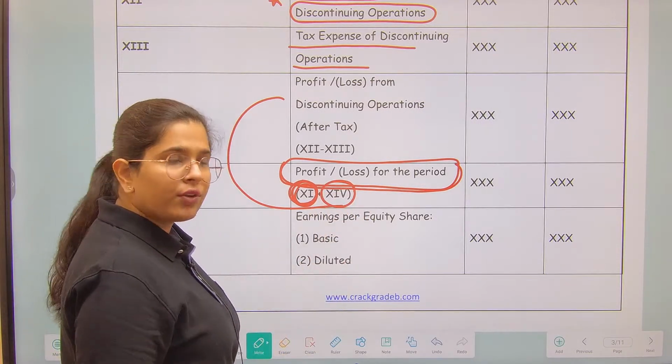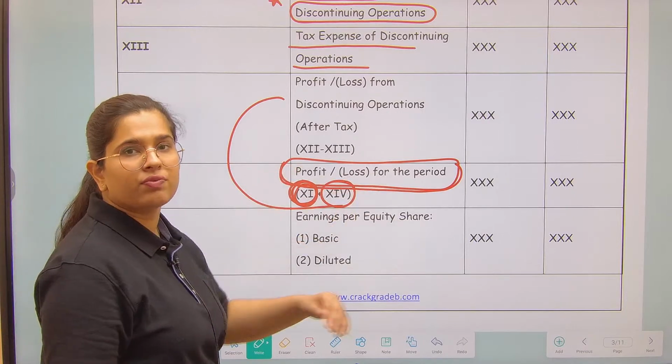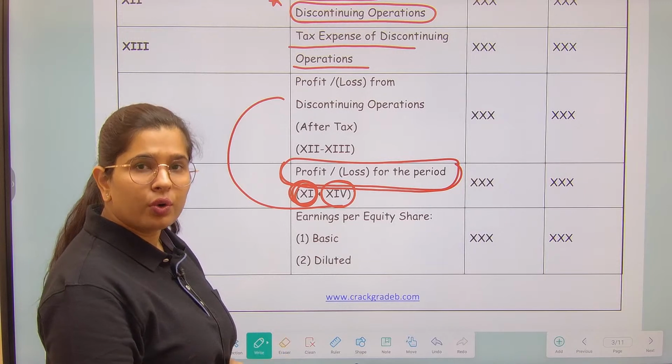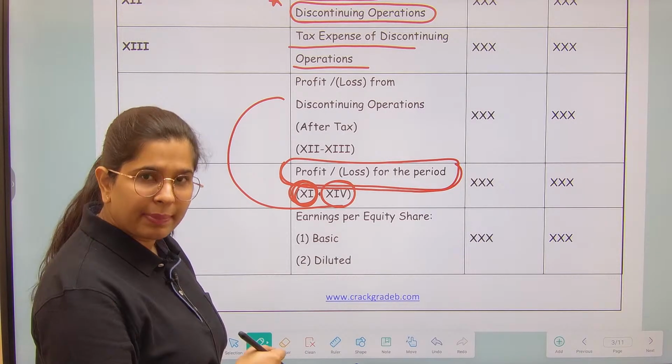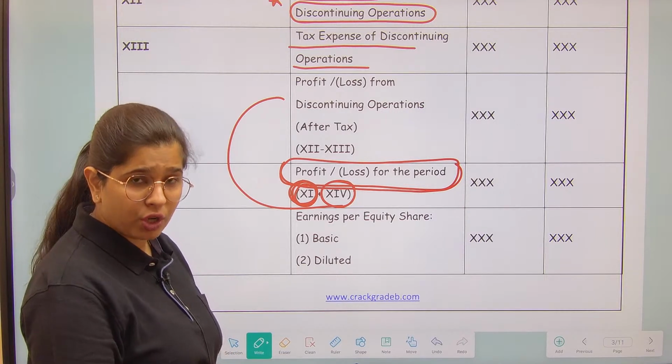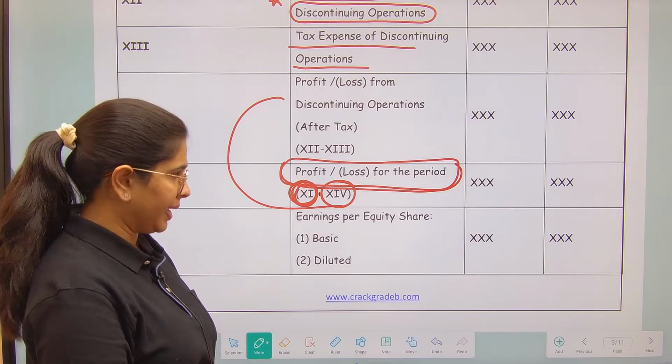You will add both of them and you will get your profit and loss for the period. So if some of you do not know about the methods of depreciation charges, then I'll recommend you please watch the accounting related lectures of mine.